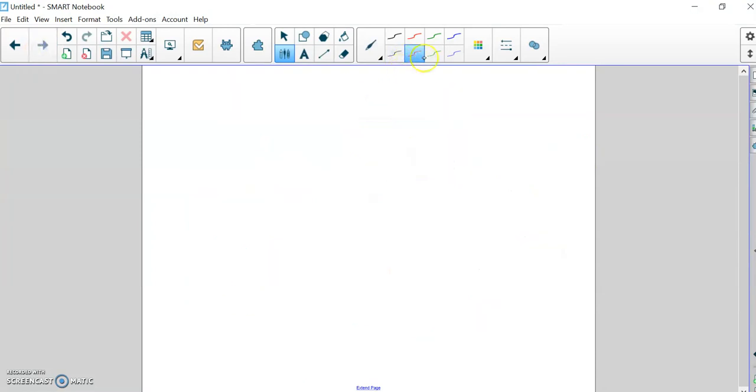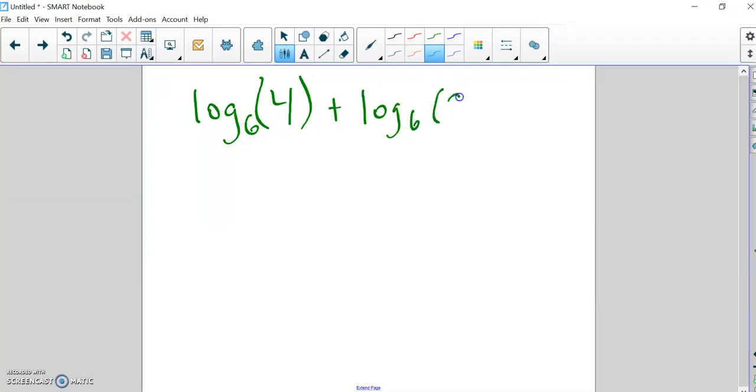However, what if we were given something like this? Log base 6 of 4 plus log base 6 of 9. Here's one that we can't evaluate unless we use this property, because I don't think anyone off the top of their head knows what log base 6 of 4 is. I also don't think you know what log base 6 of 9 is.